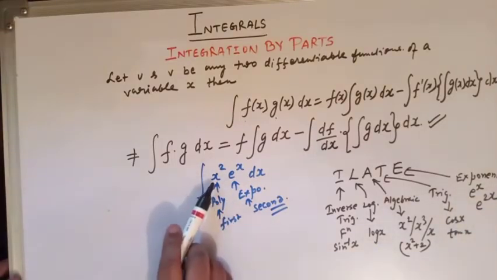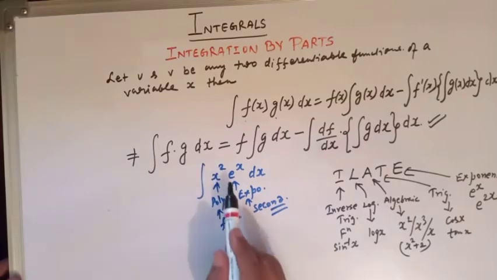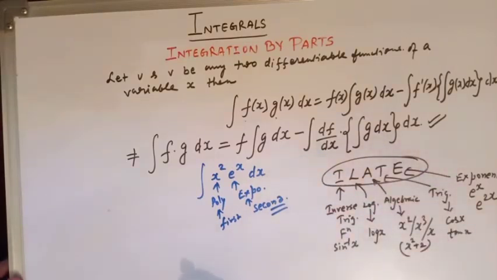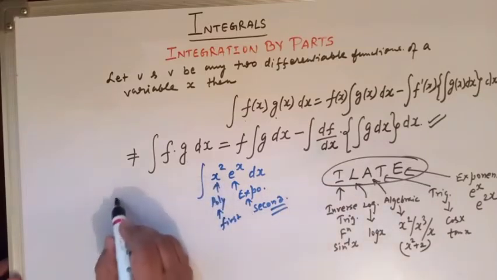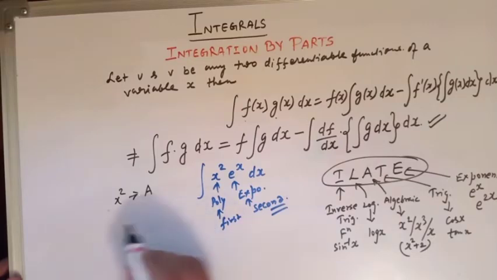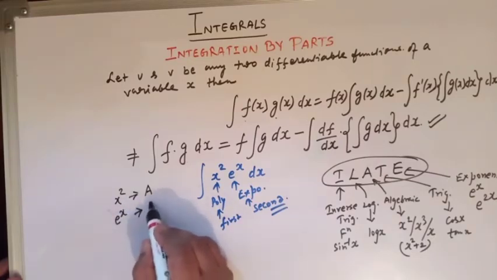So suppose we have x square e raised to x, then by this rule we can decide which function is to be treated as first and which is to be treated as second. Here x square is an algebraic function and e raised to x is exponential.